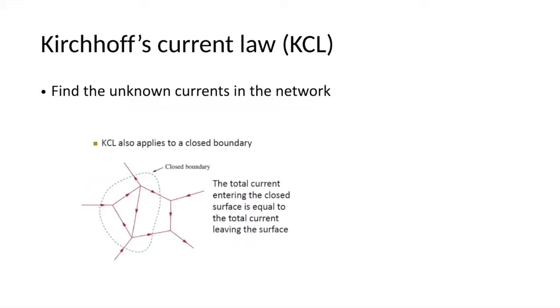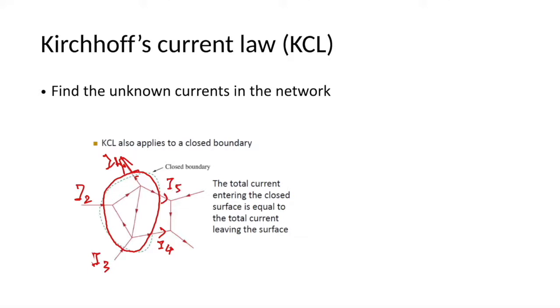The next is that KCL also applies to a closed boundary. That is, the total current entering the closed surface is equal to the total current leaving the surface. So this is a closed boundary. Here this is I1, I2, I3, I4, I5.